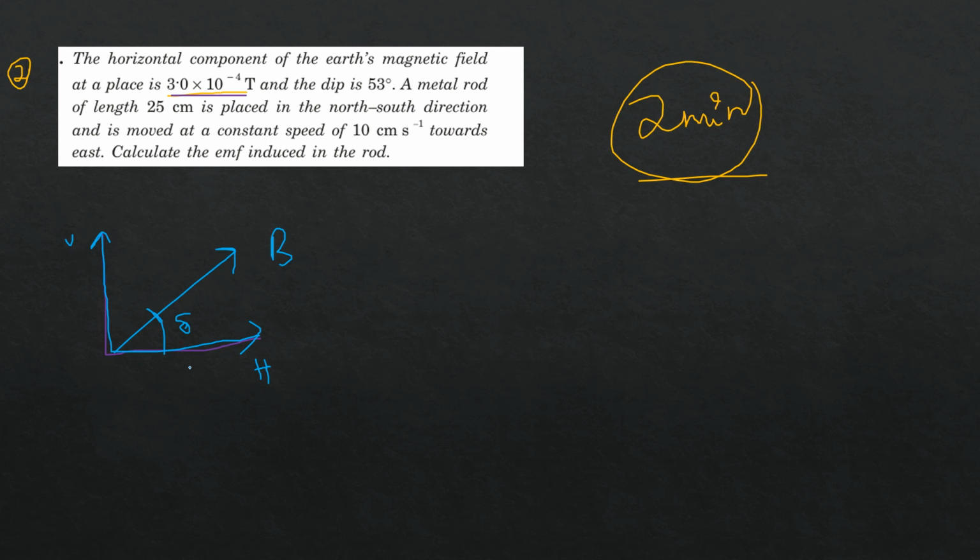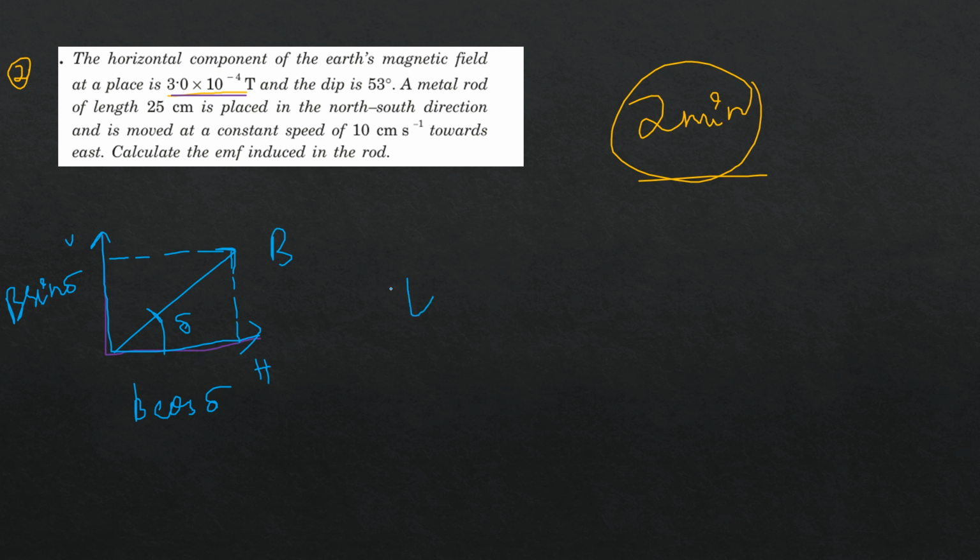The side adjacent to the angle will be cos, so B cos delta, and this one is B sine delta. If I extend the vectors, this makes a triangle.